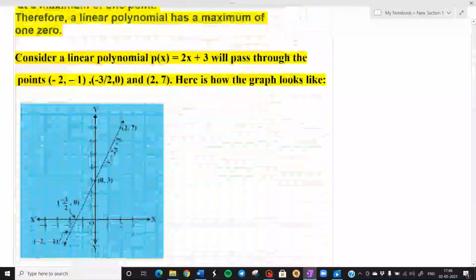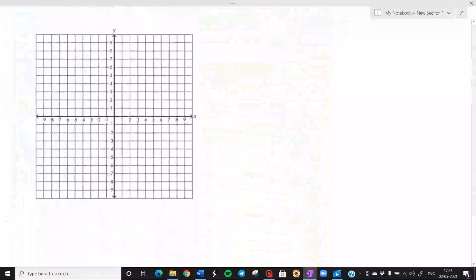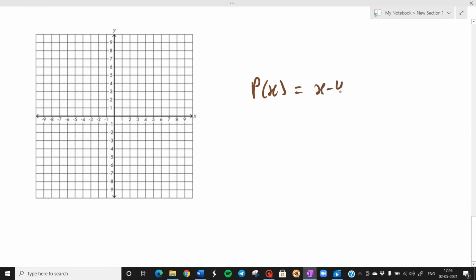I'm going to explain it here. I'm taking some examples for you. Let p(x) is equal to x minus 4. If I replace x by 4, the right hand side becomes 4 minus 4, so p(4) is equal to 0.